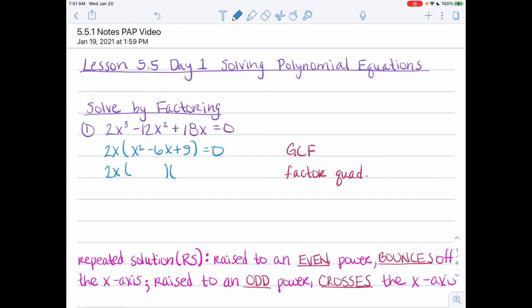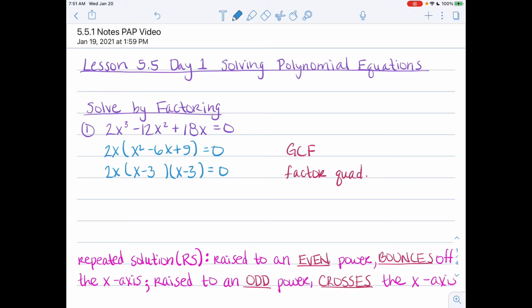But x squared minus 6x plus 9 can be factored more, and I want to look for things that multiply to be 9 and add to be negative 6, since I have a 1 as an a value. And I'm going to say x minus 3 and another x minus 3, because negative 3 times negative 3 gives me a positive 9, and it adds to negative 6.